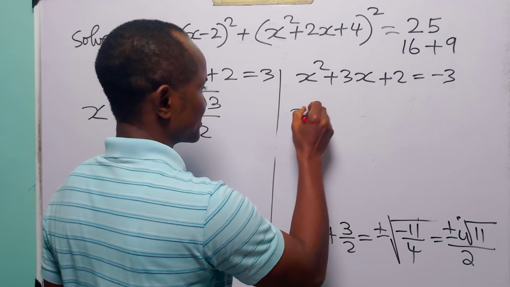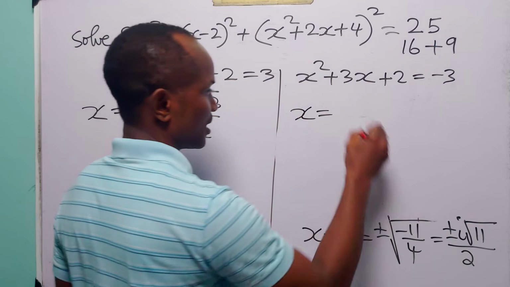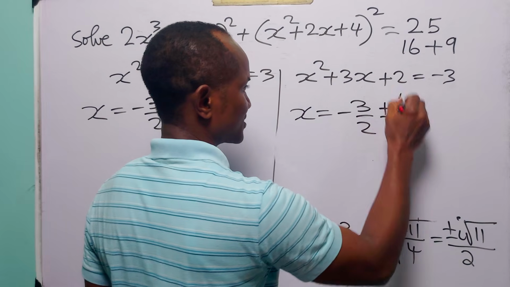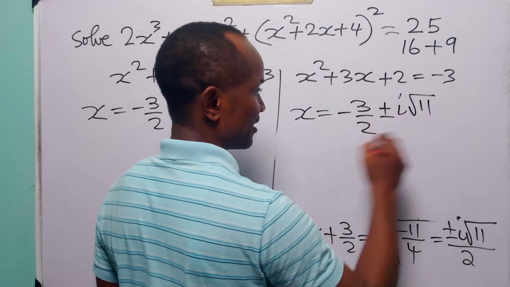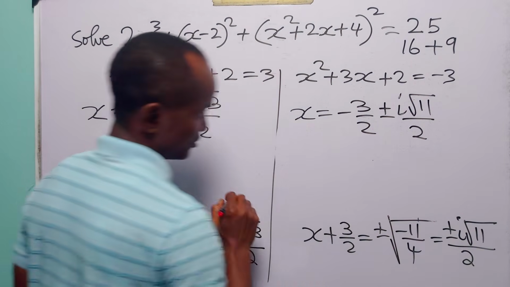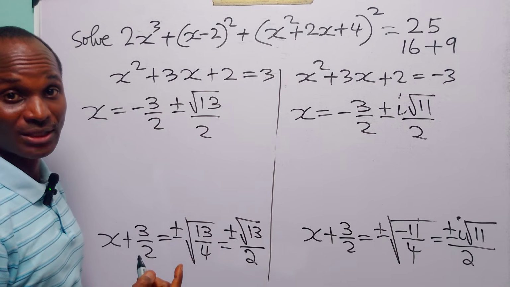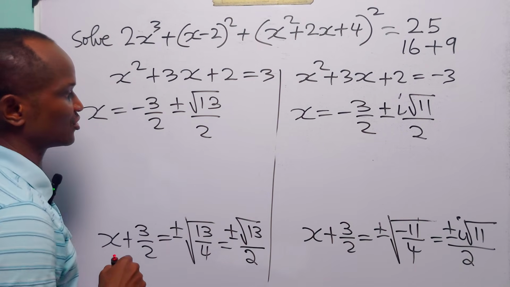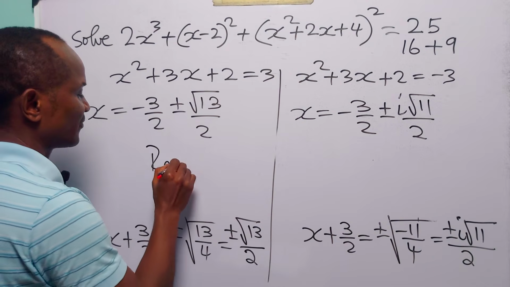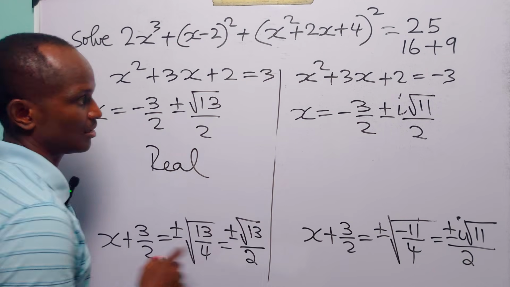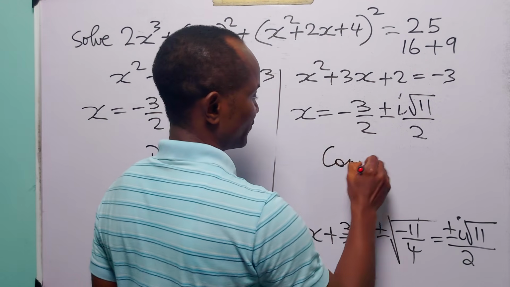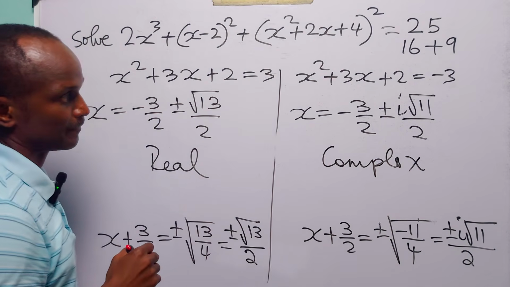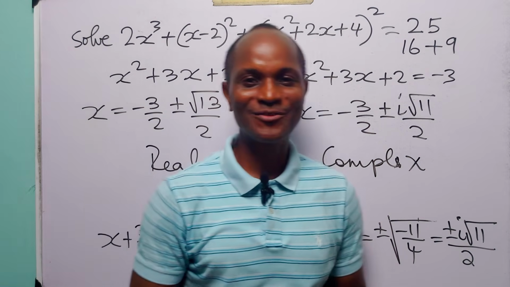We have that x is equal to minus 3 over 2 plus or minus i root 11 divided by 2. So we have found all the four values of x that satisfy the given equation. 2 of the values are real, while 2 of the values are complex.